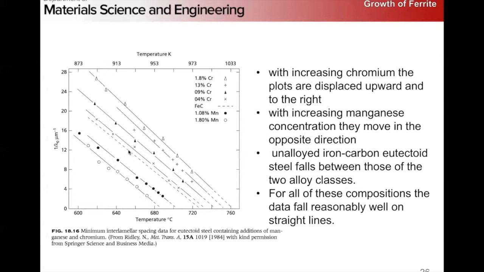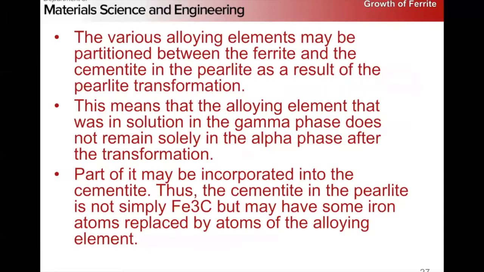So here's plain carbon steel here, and what we see is for a given temperature, chromium makes the lath spacing finer. Remember, this is the reciprocal of the spacing, and manganese tends to make it larger. Right.